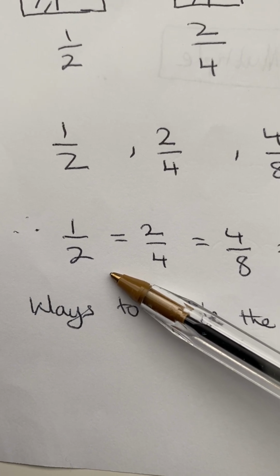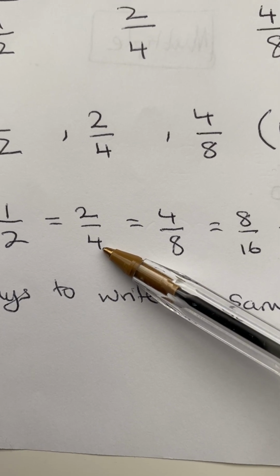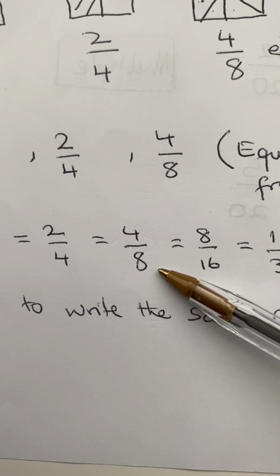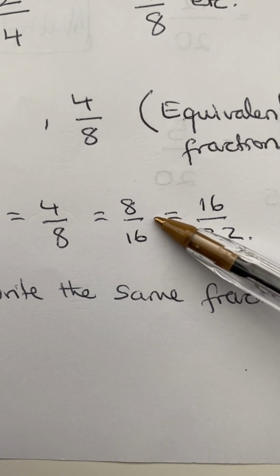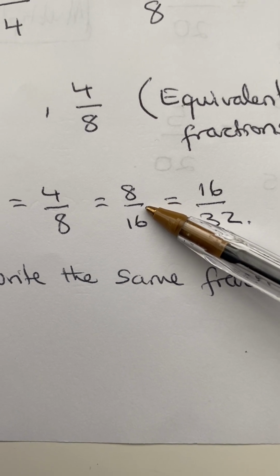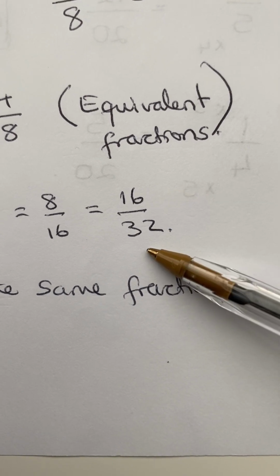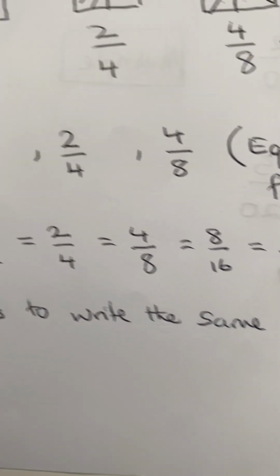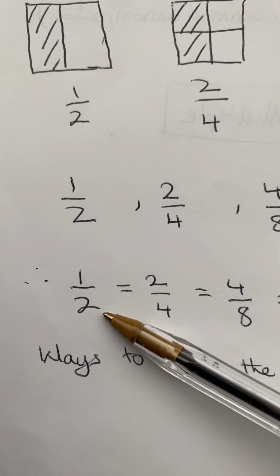Half will be the same as 2 out of 4, the same as 4 out of 8, the same as 8 out of 16, the same as 16 out of 32. All these are fractions whose lowest form is half.